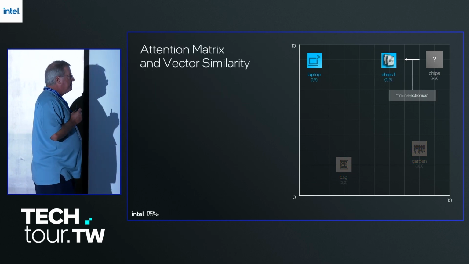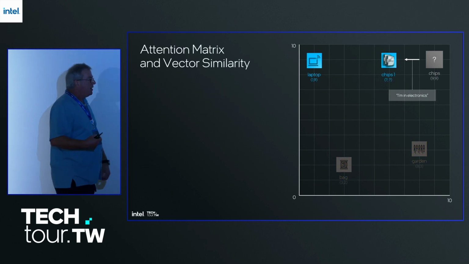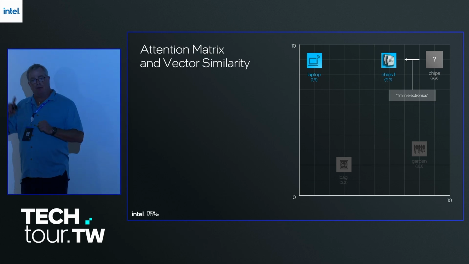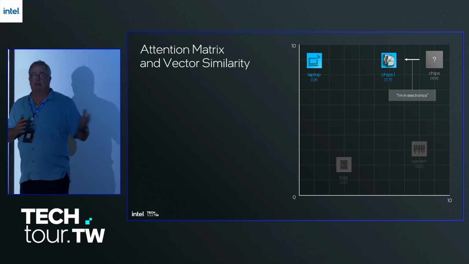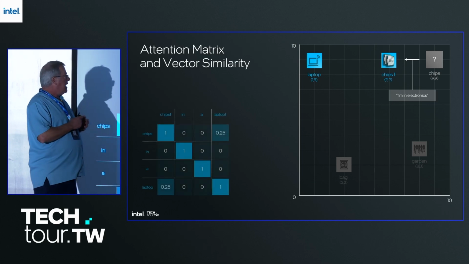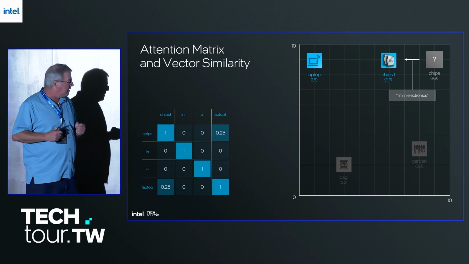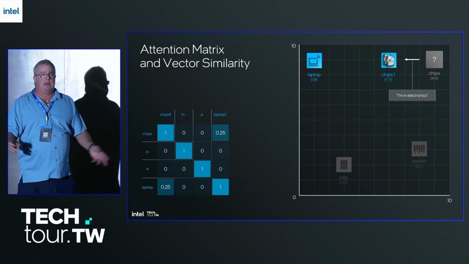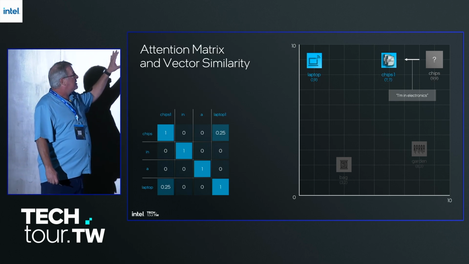So how do we do it? Well, you have to imagine that this direction means I'm in electronics, right? If you're heading towards a laptop, you're kind of saying that vector represents the concept that you're in electronics. So that actually breaks down mathematically. While we were training this giant model, we created what I'm going to call attention matrices.